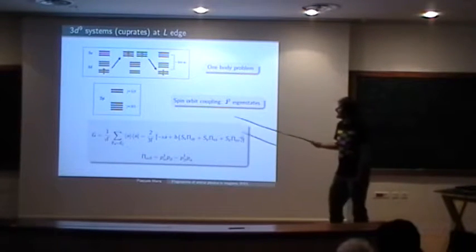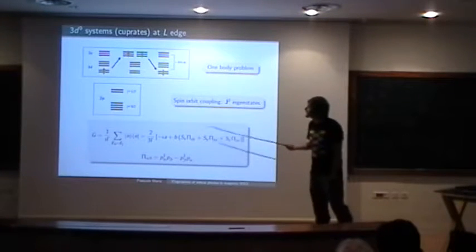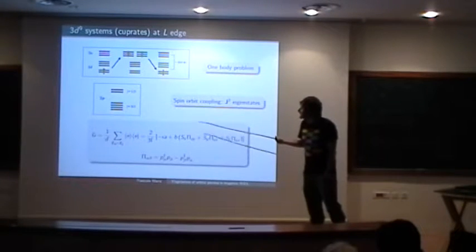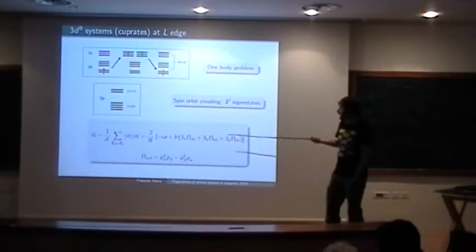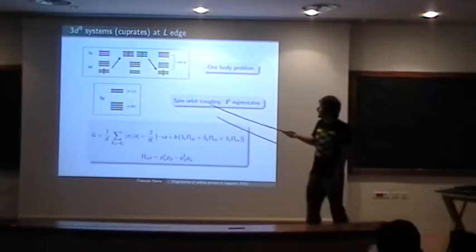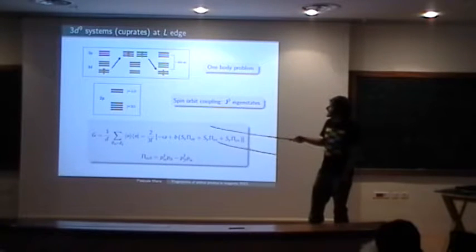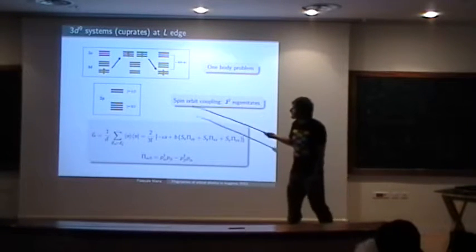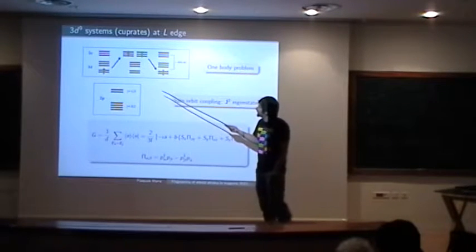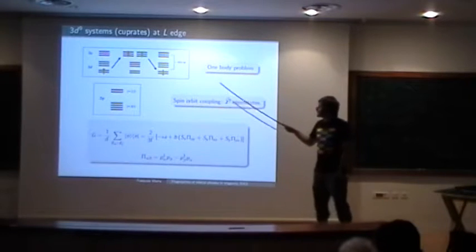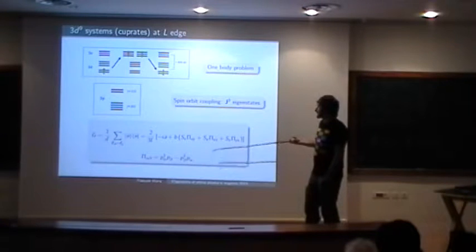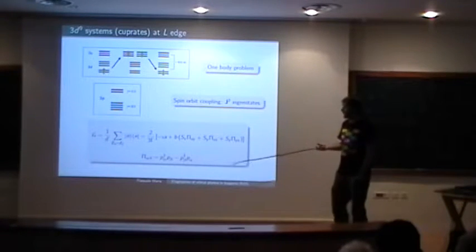But for a 3d9 system, for d9 systems in general, for cuprates, this appears to be simple, because actually in the whole picture we have just a one-particle problem. The main point is that we don't have to deal with Coulomb interaction between the shells or within the shells. So what we need is how to write the core hole propagator.